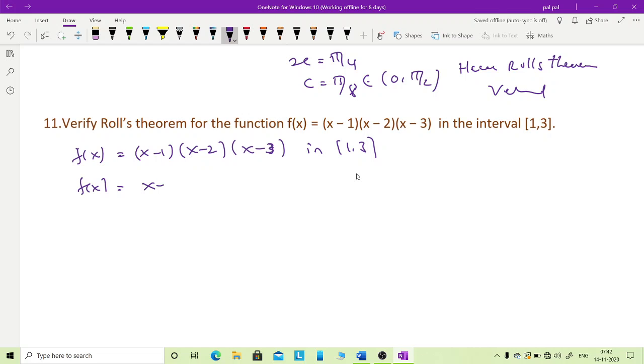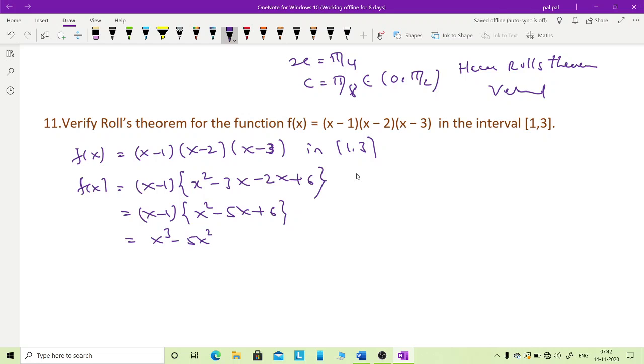So it is x minus 1 into, multiplying these two, x minus 2 into x minus 3, which is x square minus 3x minus 2x plus 6, which is x minus 1 into x square minus 5x plus 6, which is x cube minus 5x square plus 6x minus x square plus 5x minus 6.